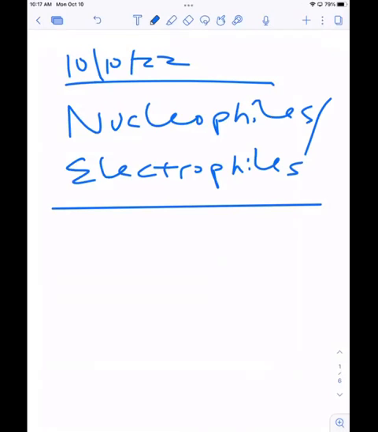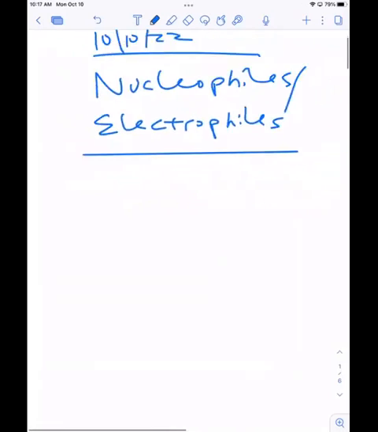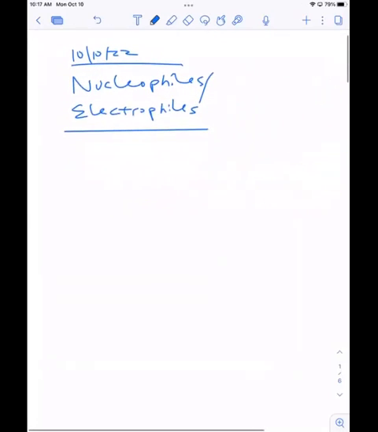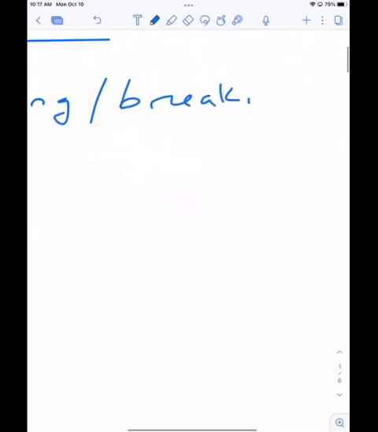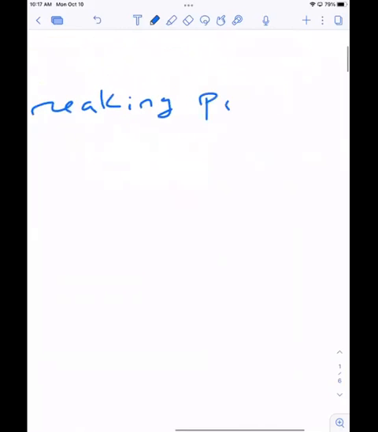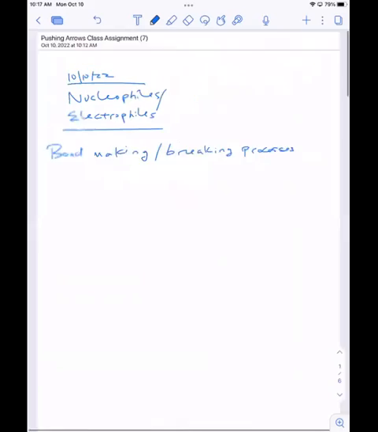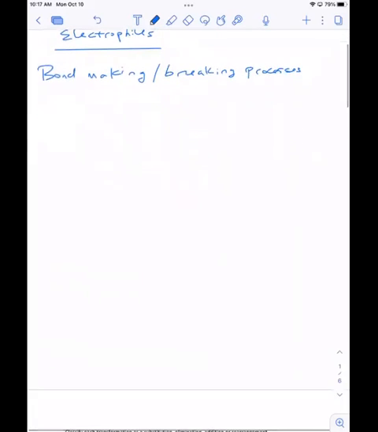So we're going to talk about nucleophiles and electrophiles in terms of arrow pushing, in terms of bond making, bond breaking, and so on and so forth. So let's talk about, first of all, and we've already kind of seen this already with acids and bases, bond making and breaking processes, right?